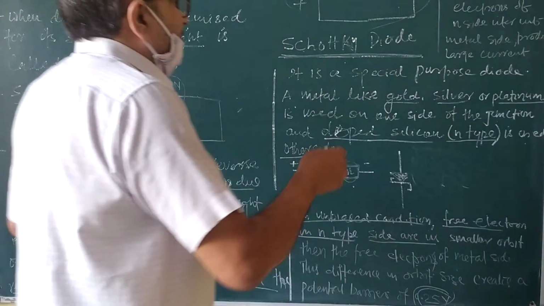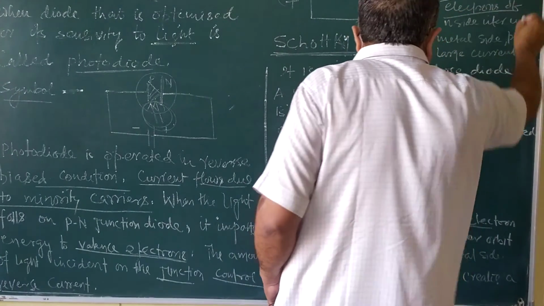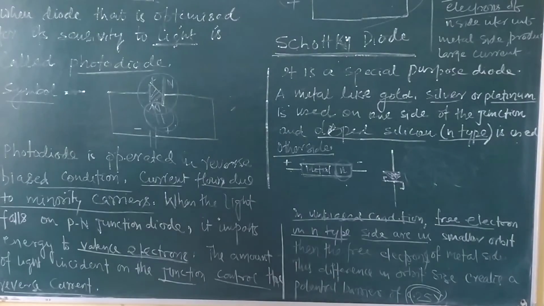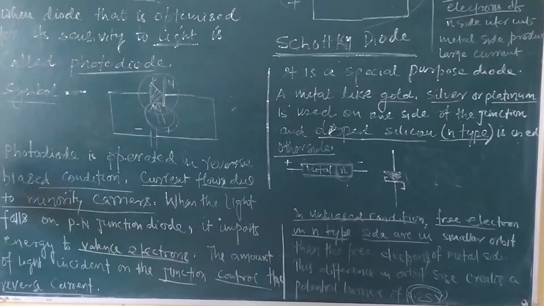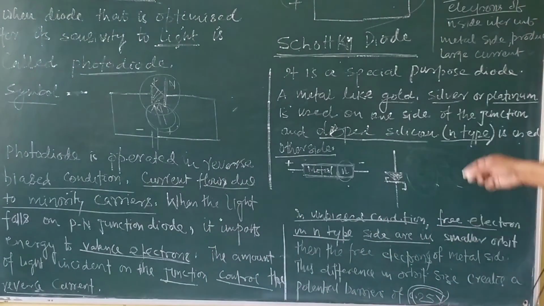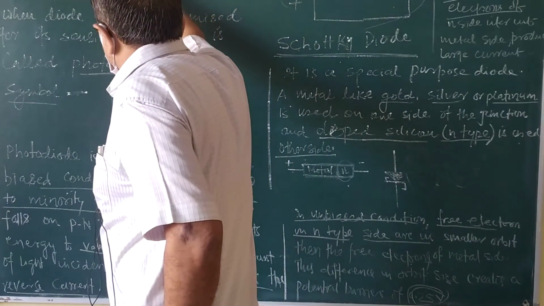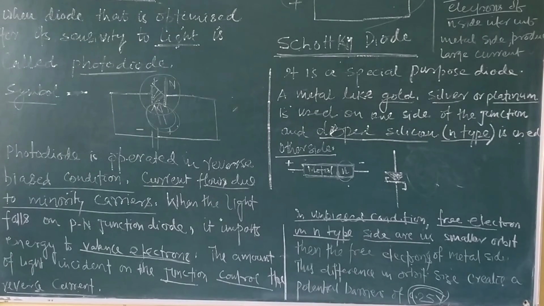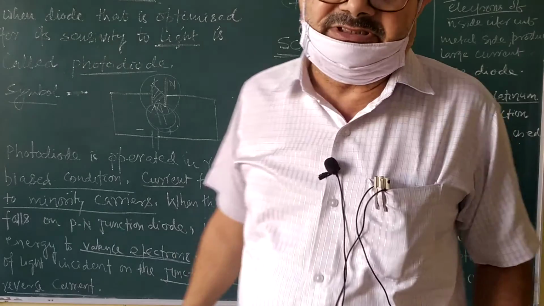When this diode is forward biased, free electrons of the n side enter the metal side, providing large currents. When this Schottky diode is reverse biased, it is in off condition, switched off, and there will be no leakage currents. That's why these Schottky diodes are used for switching action, fast switching action.